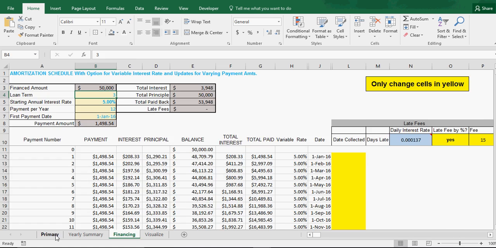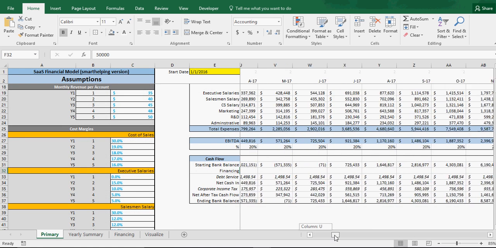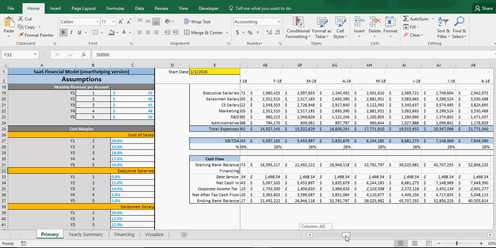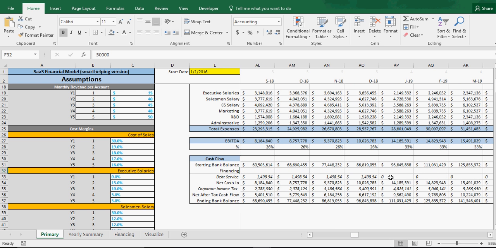Well, look at this. It's going to have your debt service for year 1, 2, and 3, and then in year 4, the formula has it going back to 0. As you see there, that's a formula. It's not hard coded in. So we've got our formula going back to 0 since there's no more debt service.